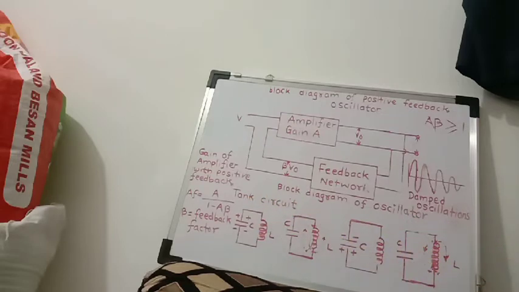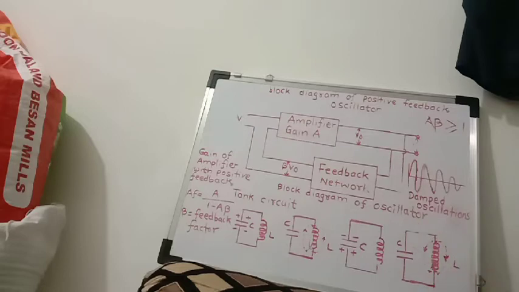So if a charged capacitor C is connected in parallel with inductor L, then this type of circuit is called a tank circuit. Here the fully charged capacitor C is connected with the inductor L as shown in the figure.